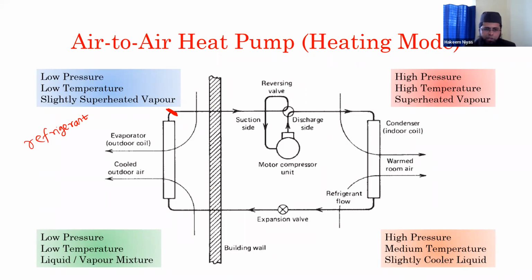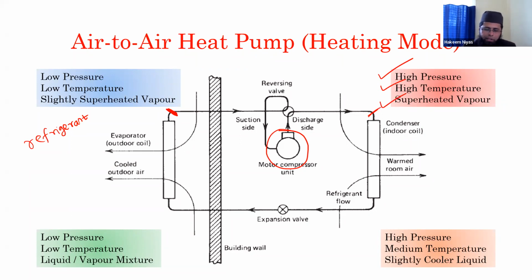So the low pressure, low temperature, slightly superheated vapor is compressed because of this compressor. So definitely the pressure will be heavily raised. Because it is a vapor, slightly near to an ideal gas, the temperature is also raised, and it will reach the superheated region because of this compressor.